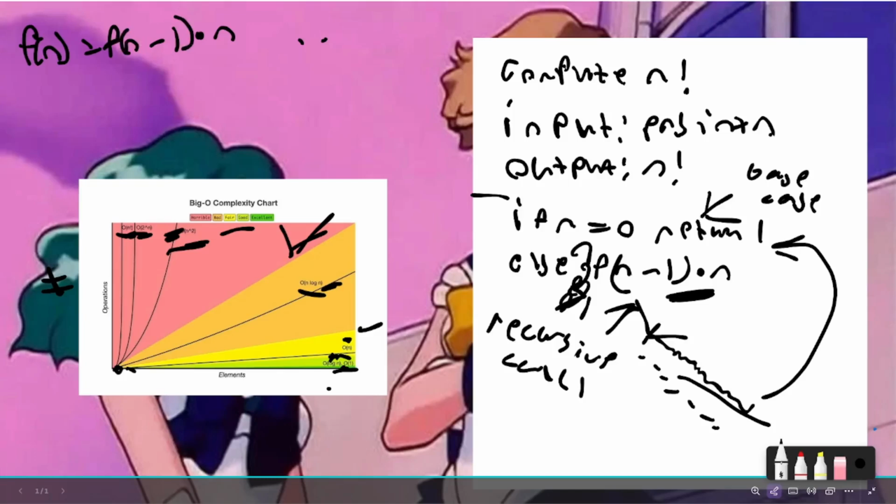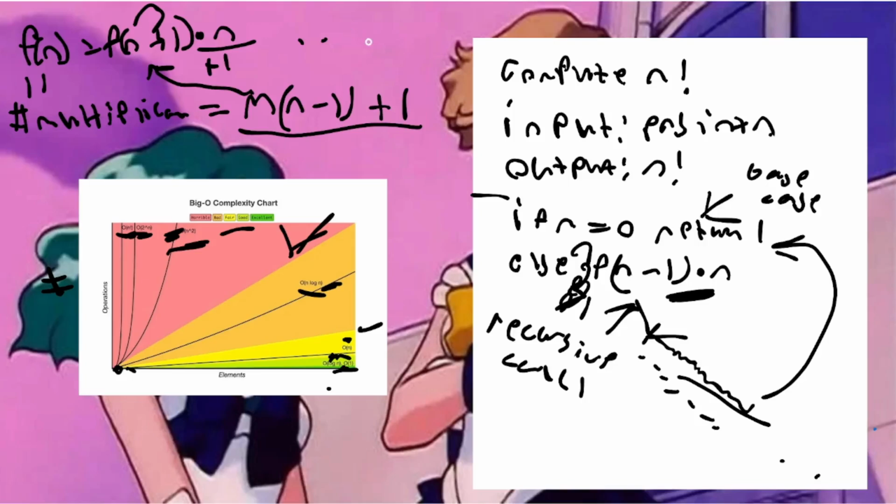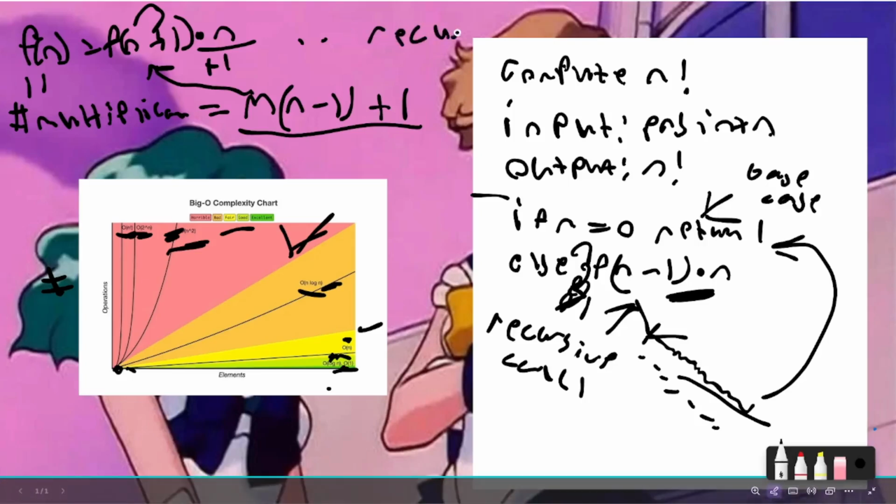If we want to measure the number of multiplications, since that's our operation, we can model it as M of n minus 1 plus 1, because we have this adding to it each time, and we have this for the function calls running through the whole thing. So this becomes our recurrence relation. It's a big word, or big two words.